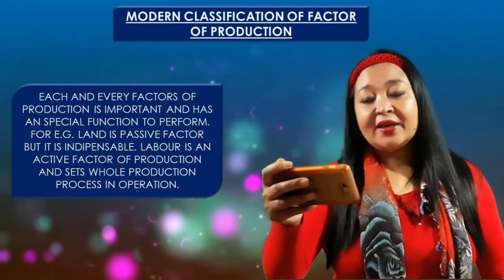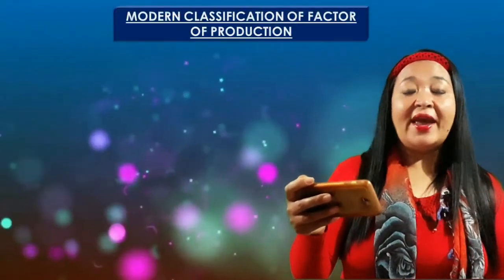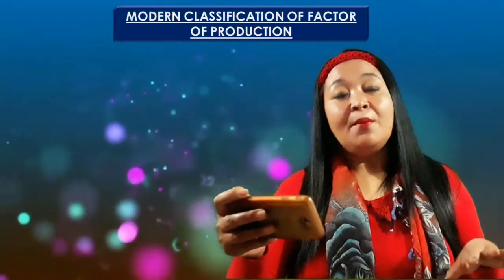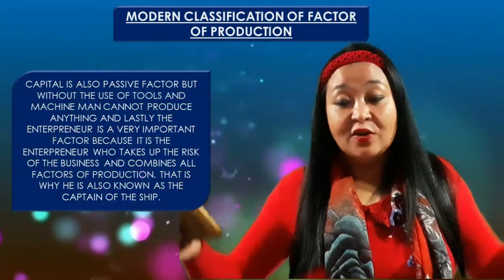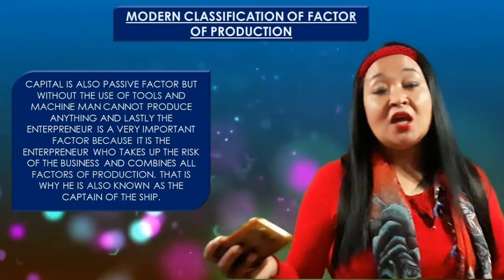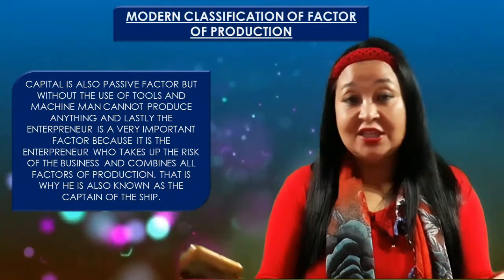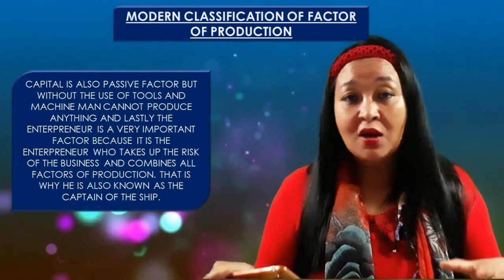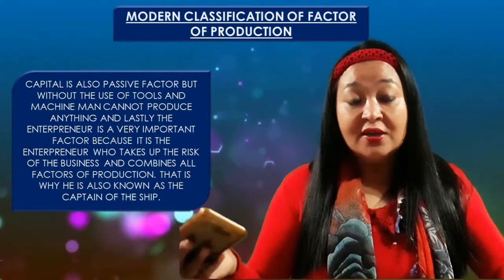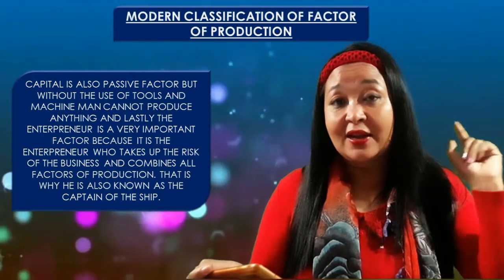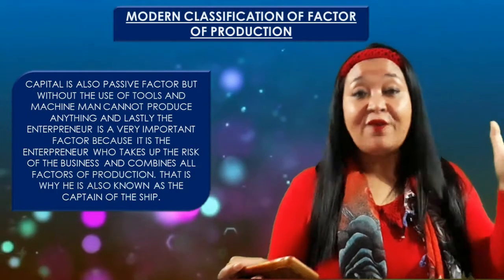Capital of course is also an important factor, but capital itself cannot produce anything. Say for example, you have a machine there, but the machine itself cannot produce anything, isn't it? So that's why I was telling that labor is the only active factor.